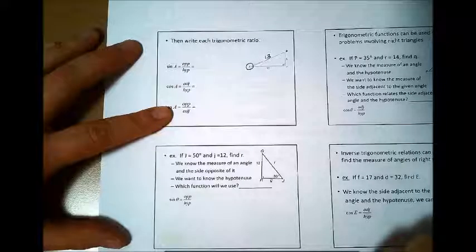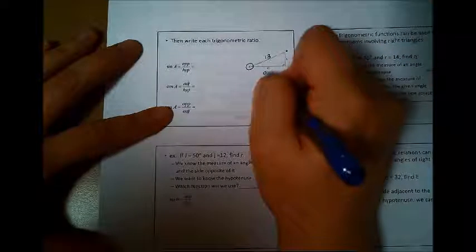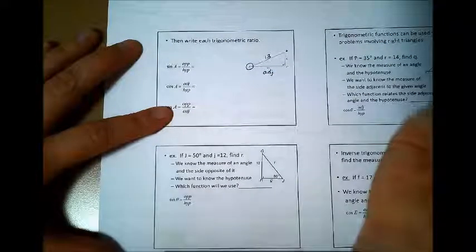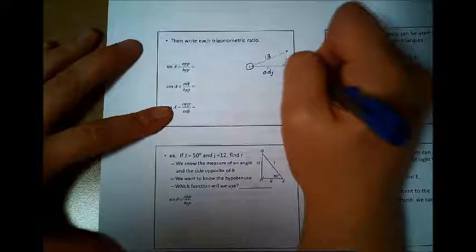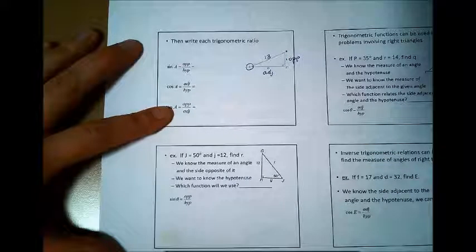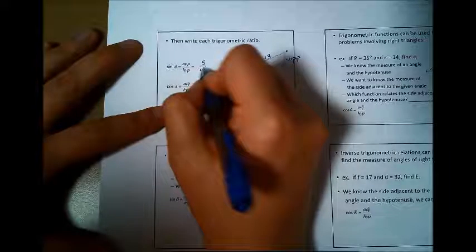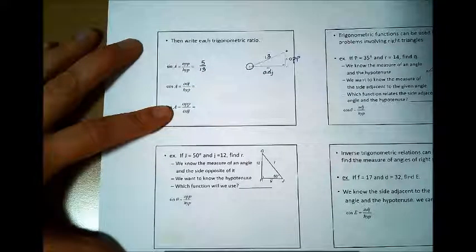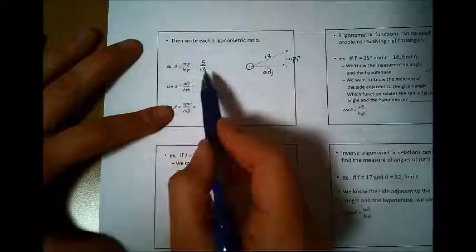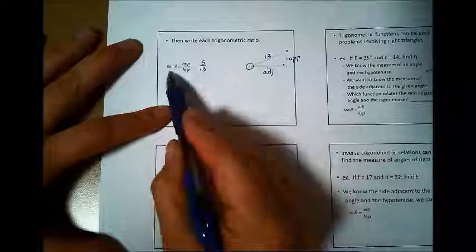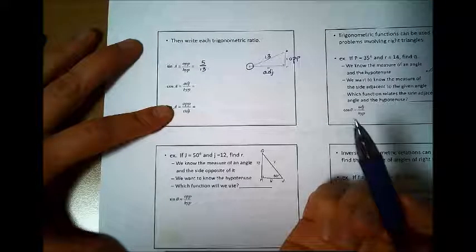The adjacent side is the side next to A, and the opposite side is the side across from A. So our opposite side is 5, and our hypotenuse is 13. That's the trigonometric ratio that will give us sine of A. We don't have to do anything else with it.